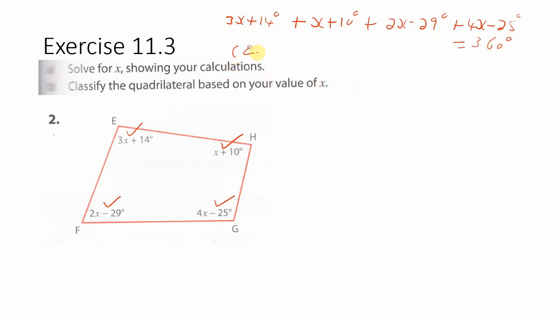The reason is angle sum of a quadrilateral equals 360 degrees.